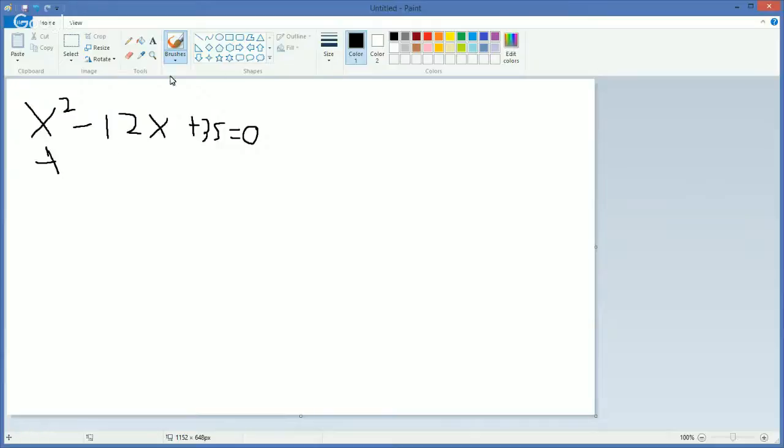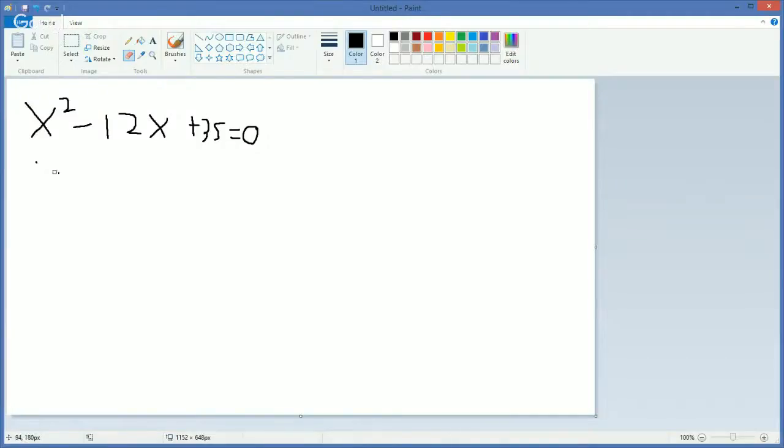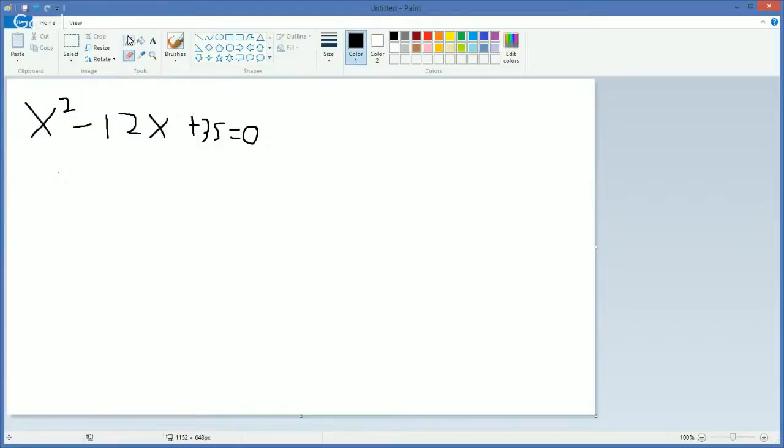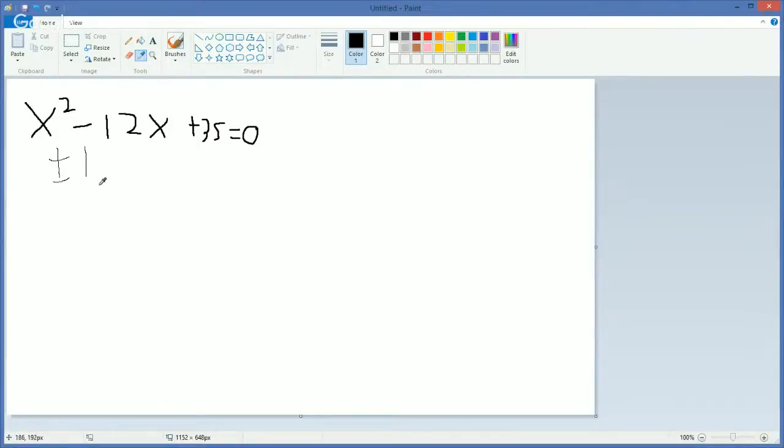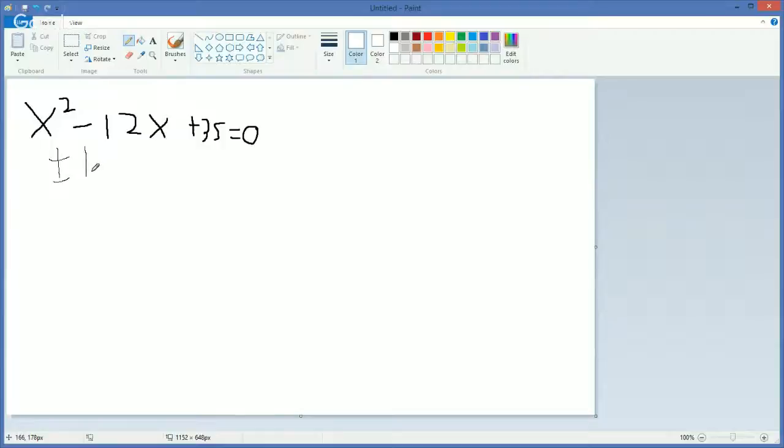Plus minus 1. I can't draw in Paint. This is a pain in the rear. Let me try this again. Okay, so you're looking for, as I was saying, plus minus 1. No, for some reason that's not working properly. Come on.